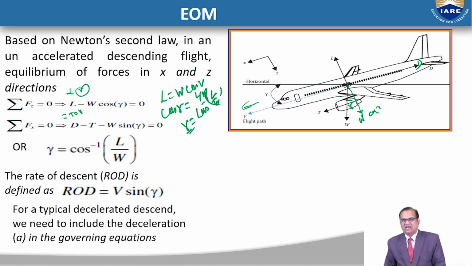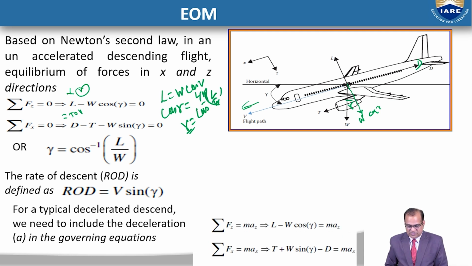For a typical decelerated descent, we need to include the deceleration a in the governing equation.